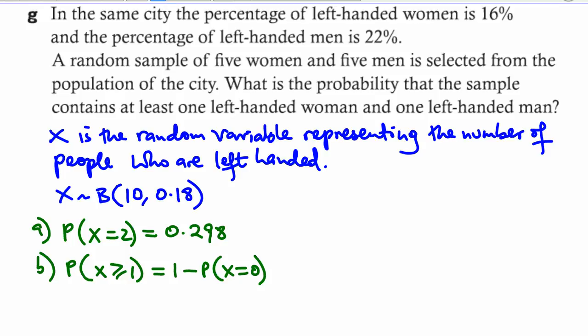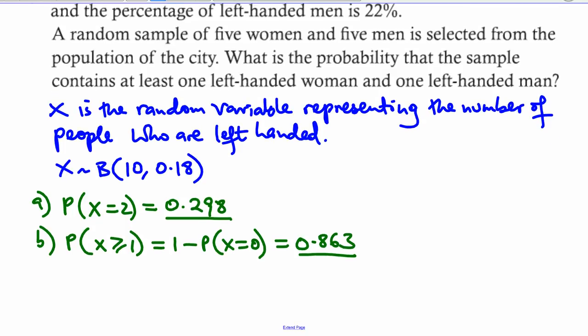If you plug that into your calculator again, I'm sure you know how to do that, it will be 0.863. All right. That's 0.863. I'm going to move on to C.